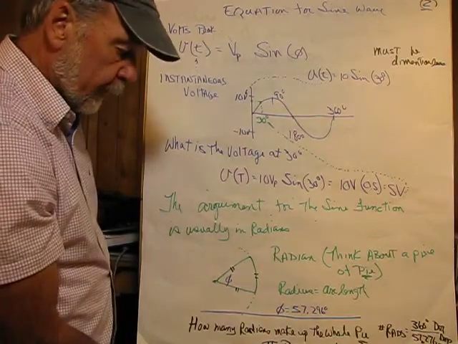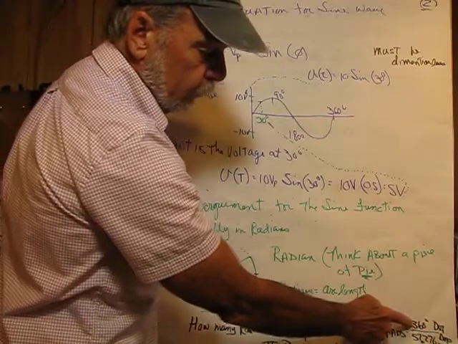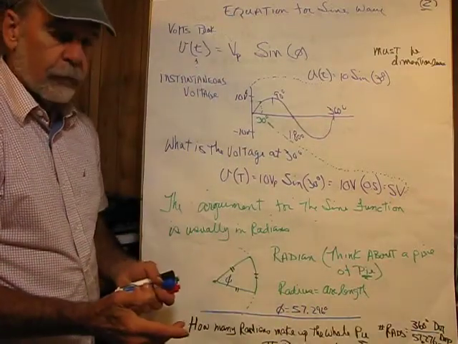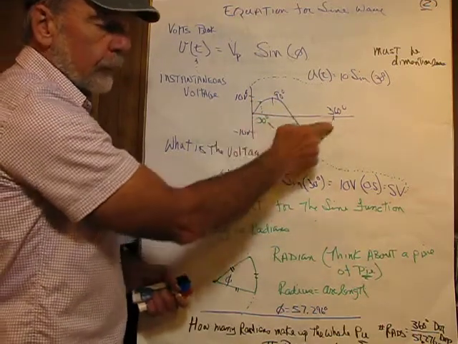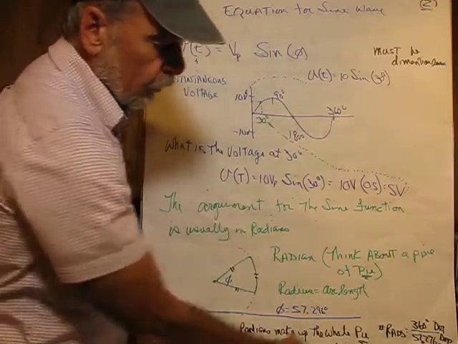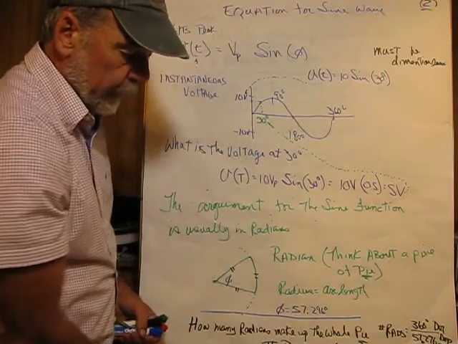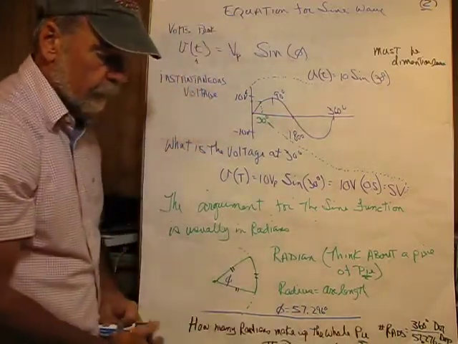So what we find out is that the number of radians would be 360 degrees per unit circle, and where this 360 degrees comes from is that it is 1 complete cycle. So it kind of makes sense. Divided by 57.296, and what we get out of that would be 6.28 radians.